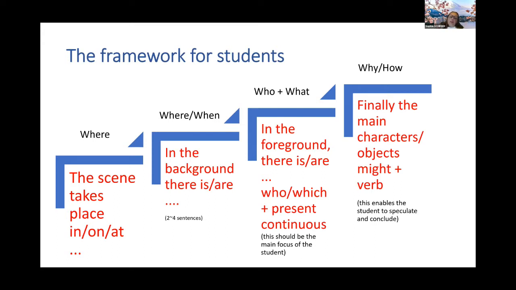So moving on from the very general background, the very general where, to a more detailed where, and explaining a little bit what's in the background. So maybe 2 to 4 sentences just to use "there is, there are", and to show that students are aware of the difference between the background and the foreground.